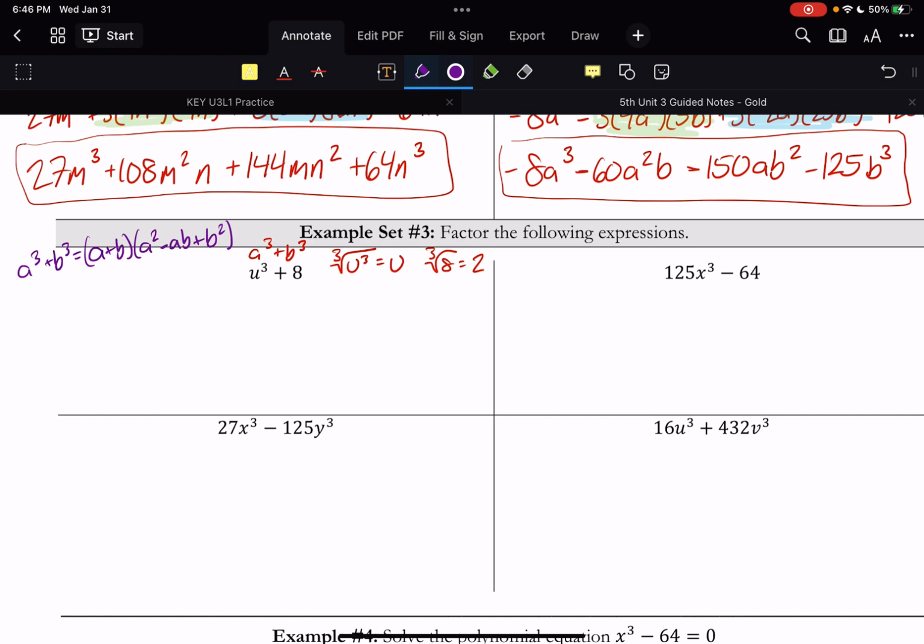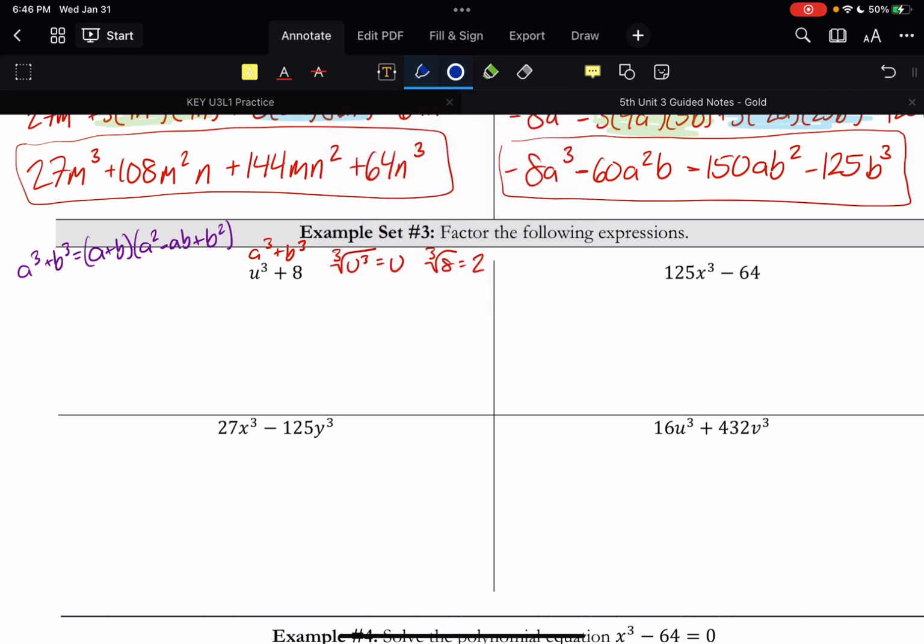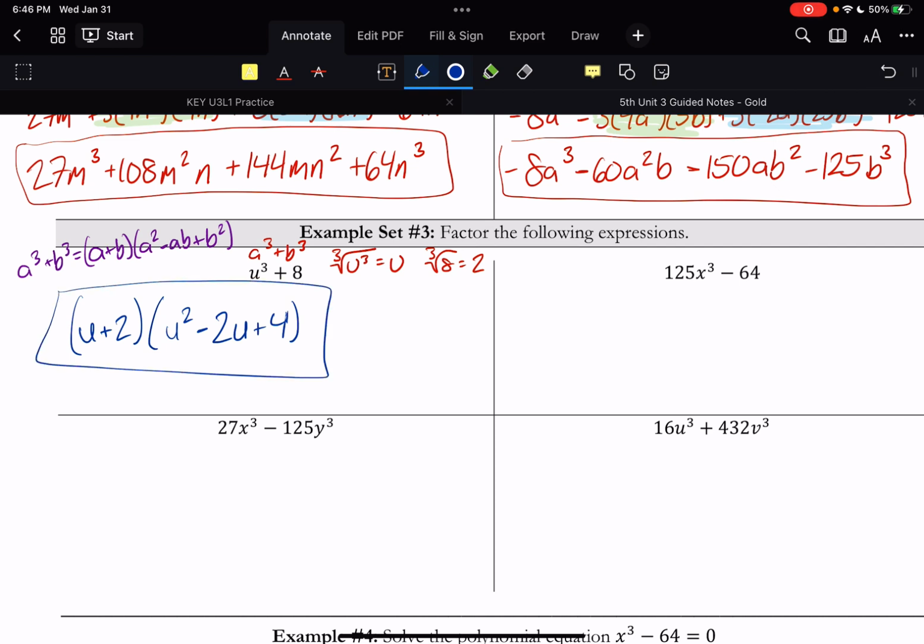In this case, my a value is u and my b value is 2. So this gets me u plus 2 times u squared minus 2u plus 4. And I look at the quadratic term afterwards. I see if I can factor that, and I cannot. So that is fully factored.